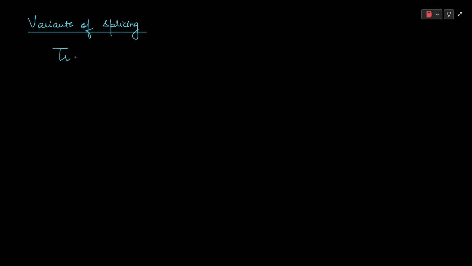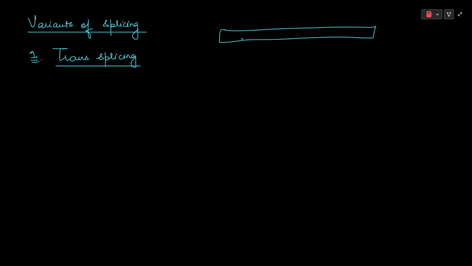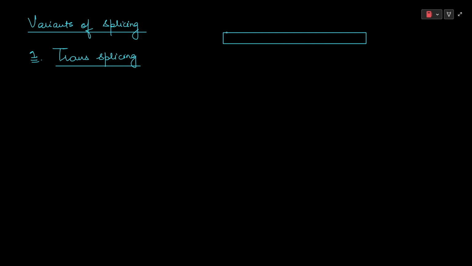The normal splicing that we have seen, we call it cis splicing. Let's take another pre-mRNA. This is your pre-mRNA. It contains exon 1, and this is your exon 2.